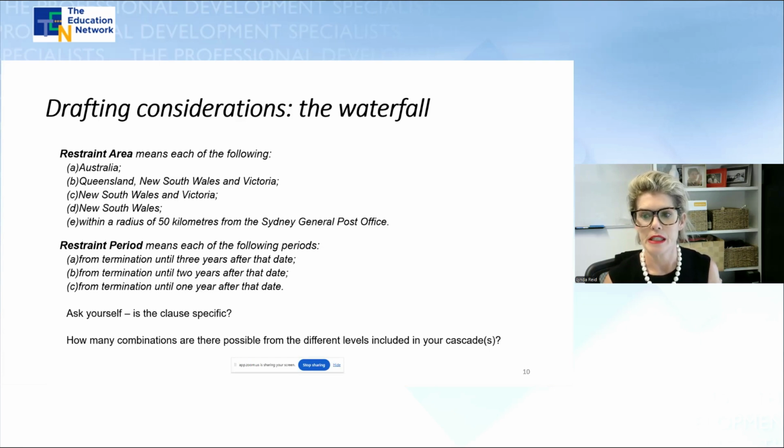So in Ostratangs back in 1983, the court held that there was a series of cascading options that created something like crazy, like more than 82,000 different combinations from the way that you could combine the different elements of the cascades. And that was held to be unenforceable, because how on earth would you know which of those different combinations might apply or might be enforceable?